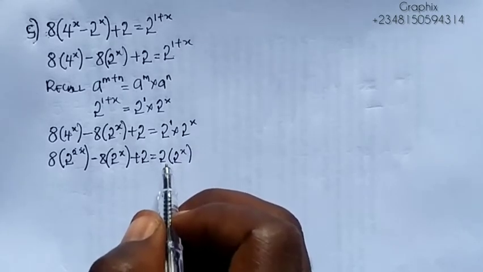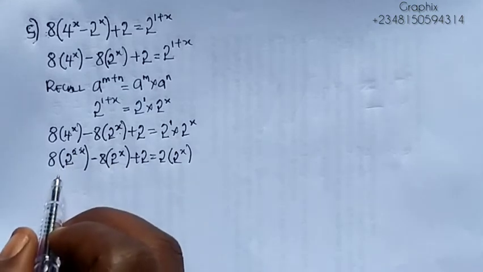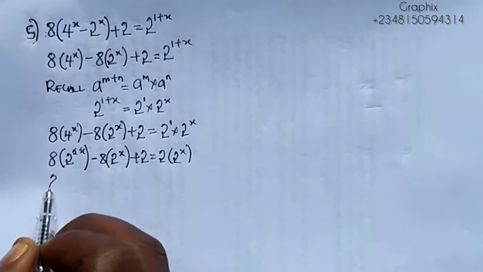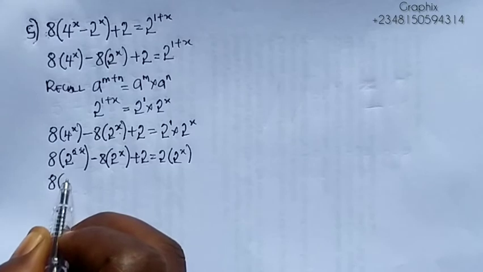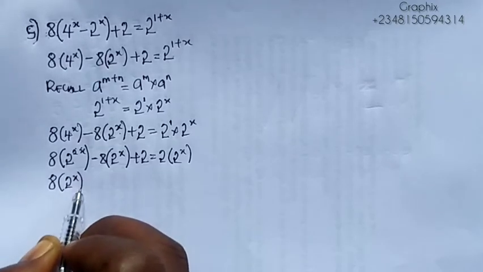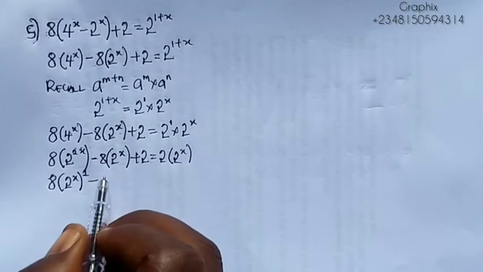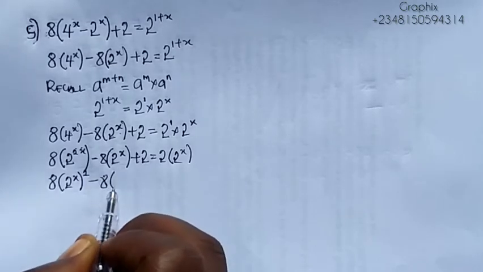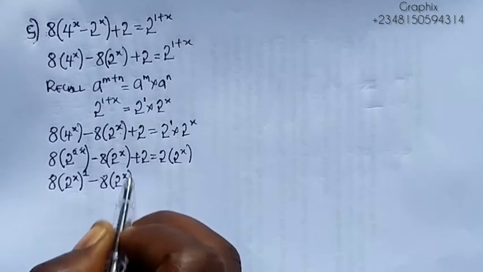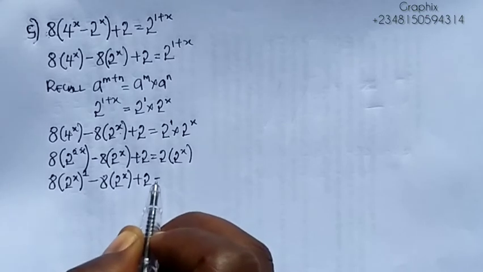Now from here, I can rewrite this to be 8 into bracket 2 to the power of x, everything is power 2, minus 8 times 2 to the power of x, plus 2 into bracket what?